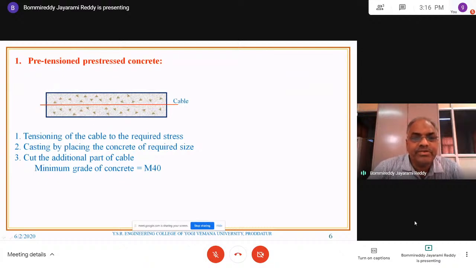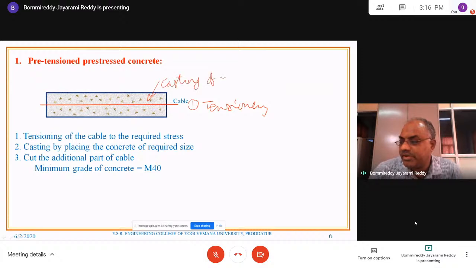In case of pre-tensioned pre-stressed concrete, the first step is tensioning the cable, then casting of concrete or casting of the element, and this is the second step.